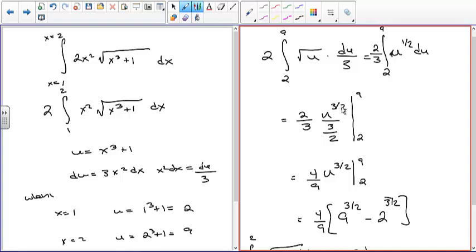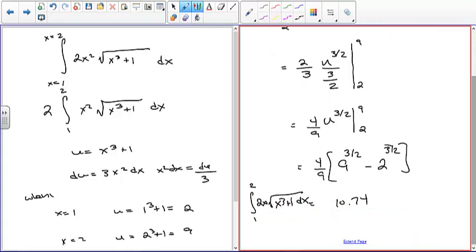You add 1 to the exponent, divide by the new exponent. I took the reciprocal of this, which is 2/3, multiplied by 2/3, gives you 4/9. And then I finally plug in the limits. So I've got 4/9 times u evaluated at the upper limit minus u evaluated at the lower limit. And if you do that, you get that answer, if I did that right.